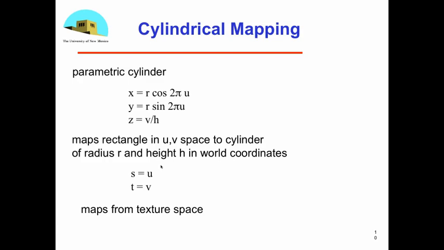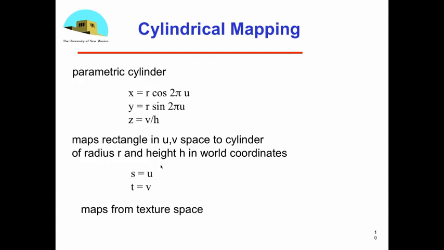If you give me the radius of the cylinder, then the height goes up linearly with one variable v, and with the other variable u, for each plane of constant z I get a circle. That's pretty easy to do, and then I could just make the texture values the same as the parameter values, which gives me one particular way of doing that.